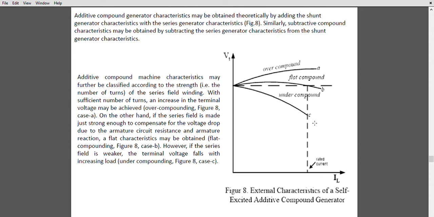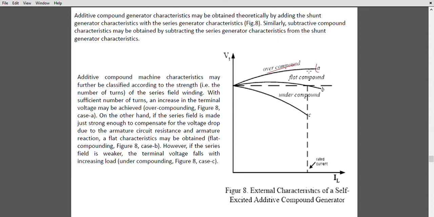If the series field winding has a sufficient or larger number of turns, then this is called over compounding. If over compounding happens, then it will follow the state A characteristics of the over compounding in compound generators.